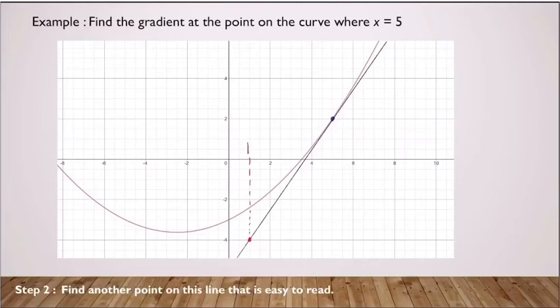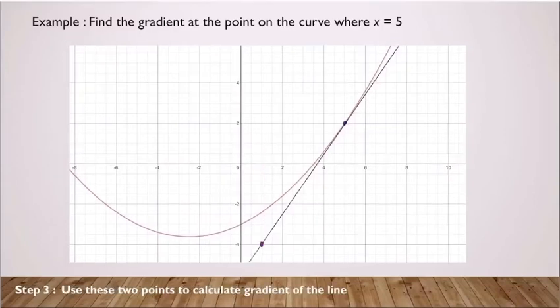And the y-coordinate is -4. That's what I meant by a point that's easy to read. I do not need to estimate the x-coordinate or the y-coordinate. So this is one such point that we choose. You can choose any other point on the line, it doesn't matter, as long as you can read the x-coordinate and the y-coordinate easily without the need to estimate.